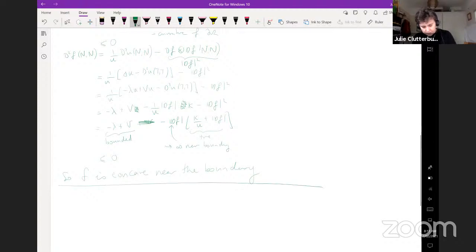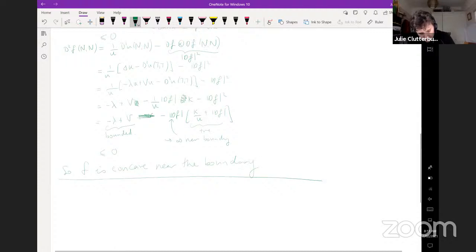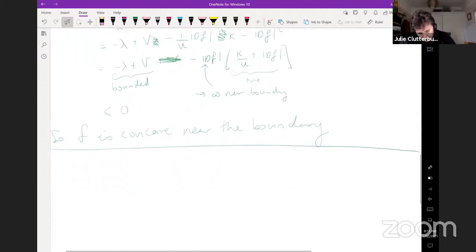Okay, so that's that step. So our next step is going to be trying to show that f is concave on the interior. We don't exactly do that. So let me tell you exactly what I am going to do.